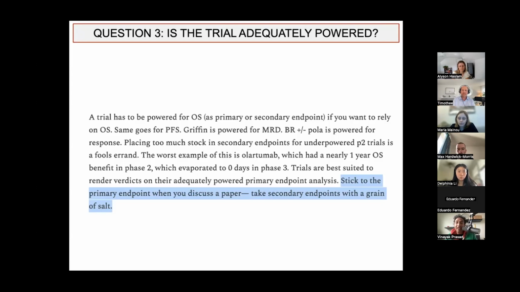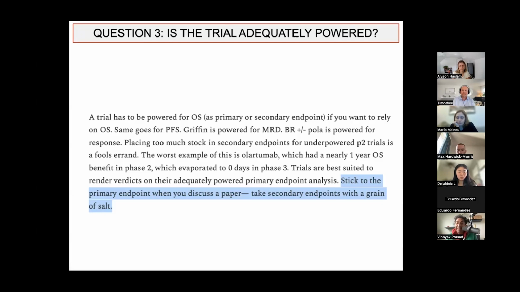So for instance, in BR plus or minus POLA, that is a study that was not powered for overall survival, and I would not trust that overall survival result, which is a huge overall survival victory and won't be replicated, and wasn't replicated, I think, in the frontline study.